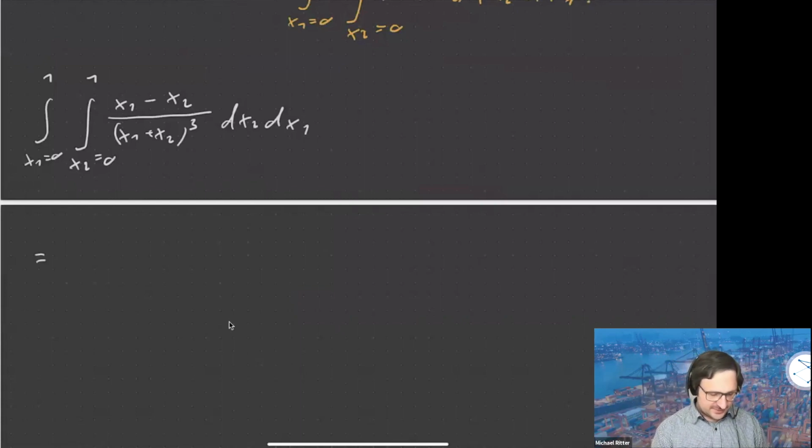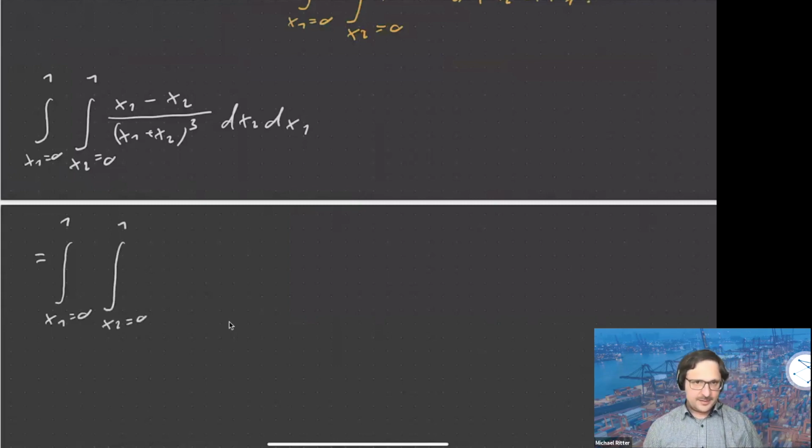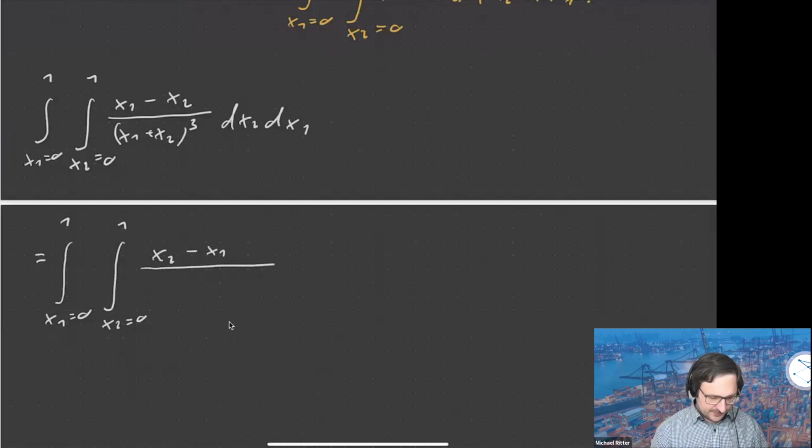So the idea is to first flip the role of the two variables in the integrand. So we just keep those integrals here as they are. And then we flip that. So I want something like x2 minus x1 over x2 plus x1 to the power of 3. I can, of course, do that here in the denominator. There's a plus sign, so I can flip it any way I want.